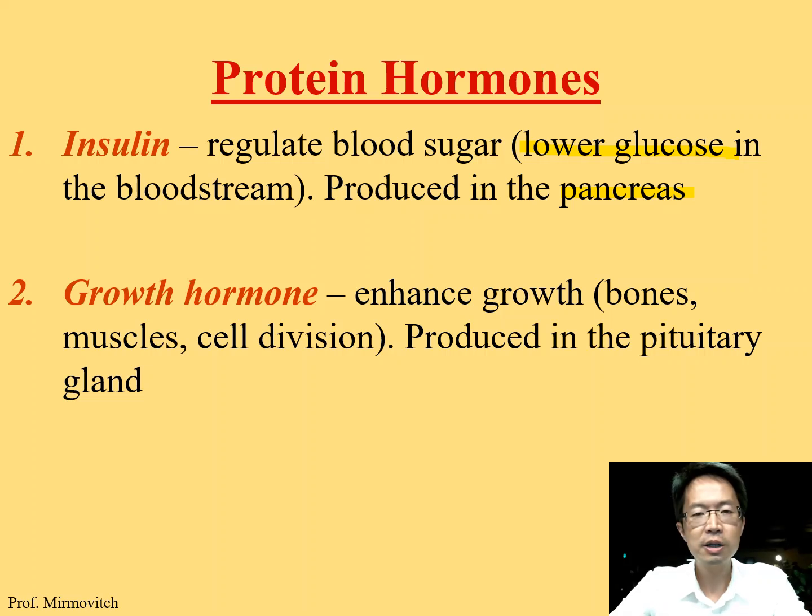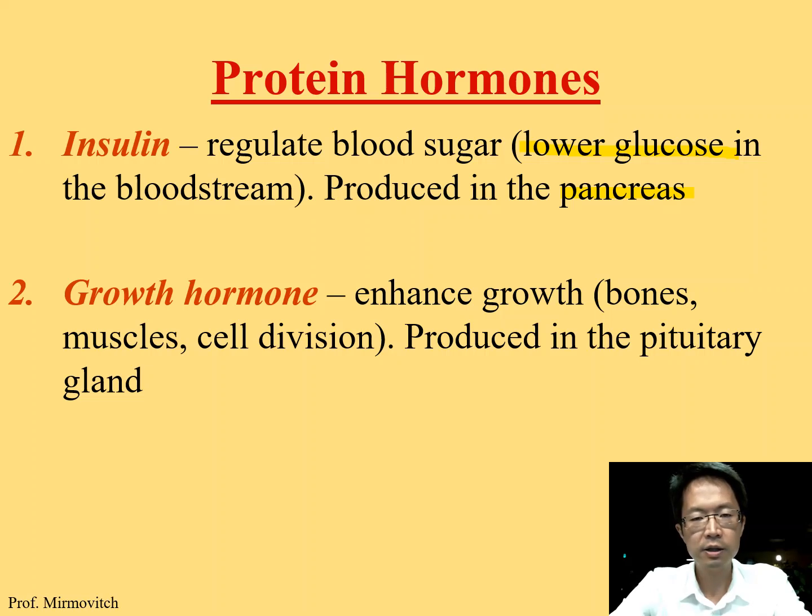Let me ask you this question. For protein hormone, does it require a cell membrane receptor, or can it go through the cell membrane and bind to a cytosolic receptor or nuclear receptor? So the question is, is the protein hormone receptor located on the cell membrane, cytoplasm, or nuclear plasm?